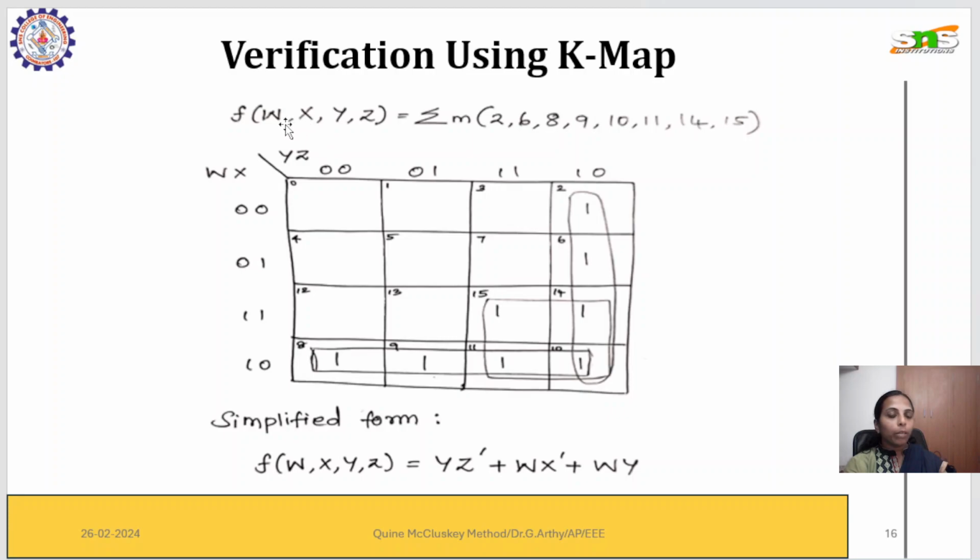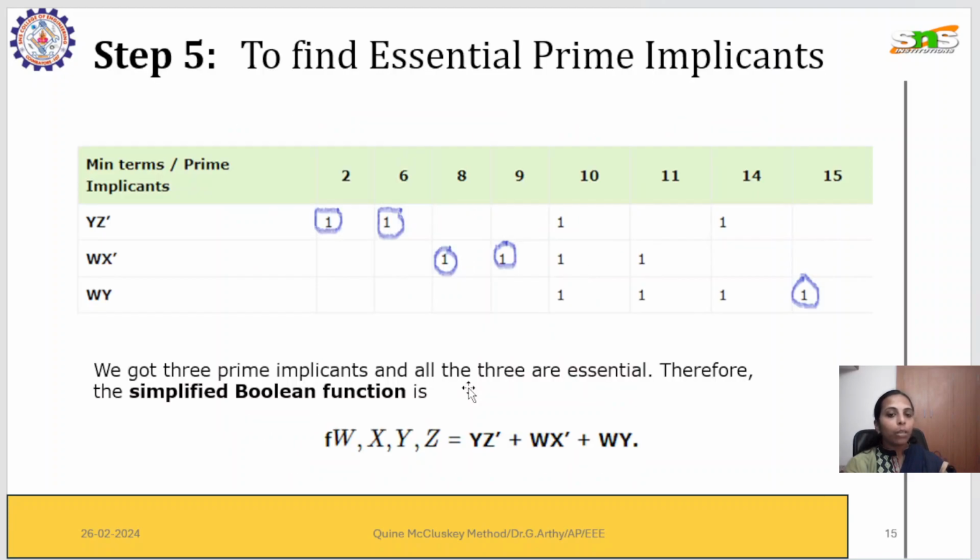Since it is 4 variable, we'll be having 2 power 4 cells, right? So see here, this is the group that belongs to YZ dash. This is the group that belongs to WX dash, and this is the group that belongs to WX. So we get the same thing that we achieved using the tabulation method.